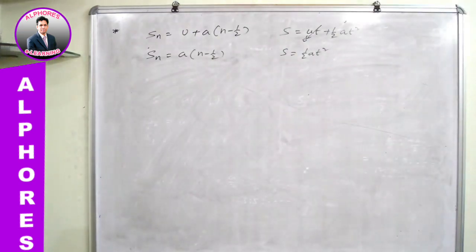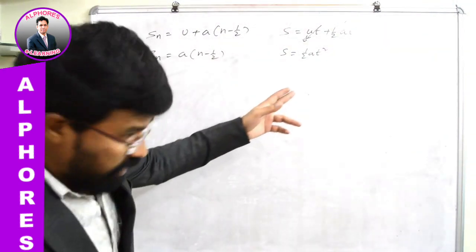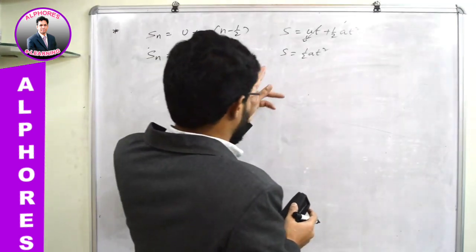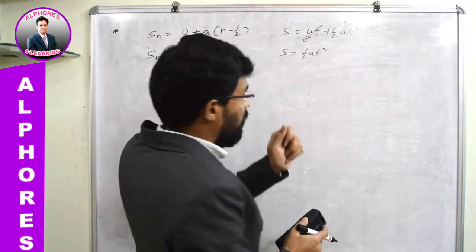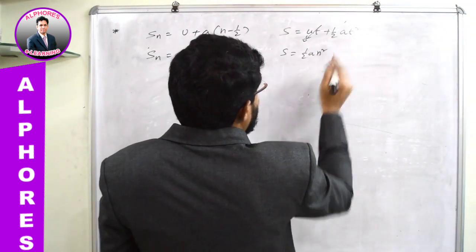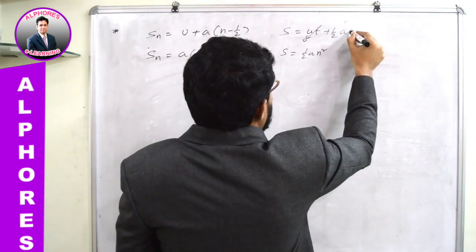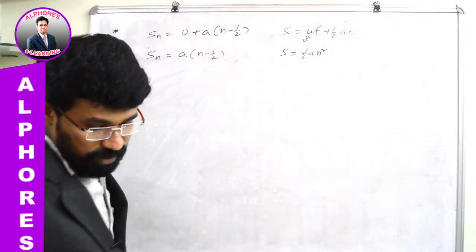Just for convenience, I will replace t with n. It means distance traveled by the body in n seconds, not in the nth second. N seconds. N square. This is a basic equation, so you can keep it like that.